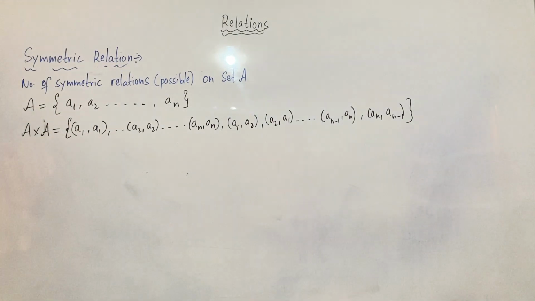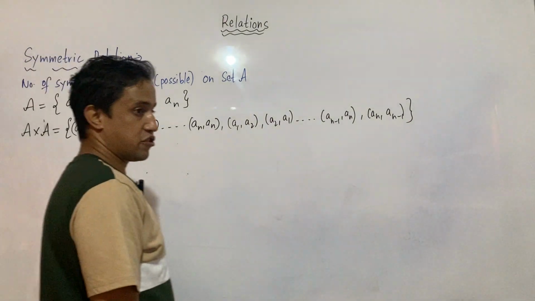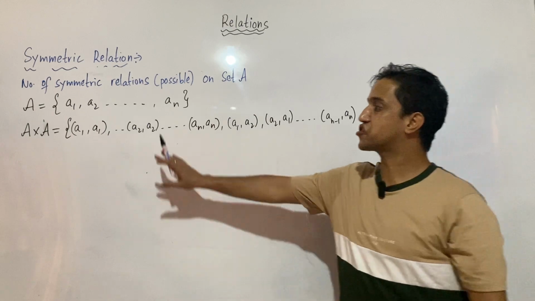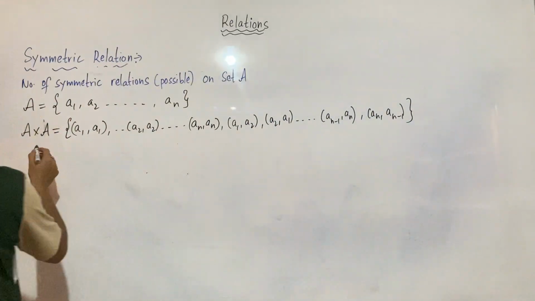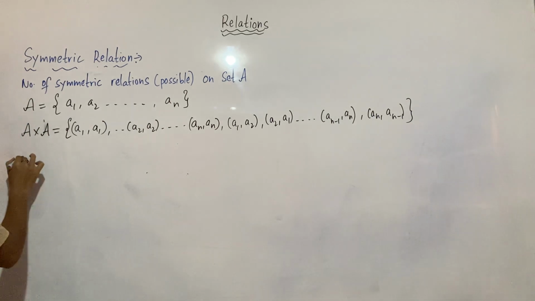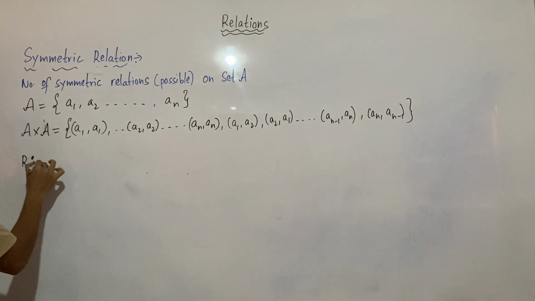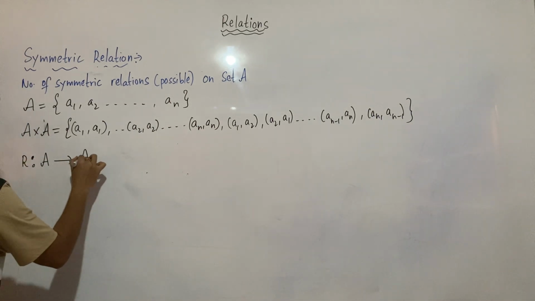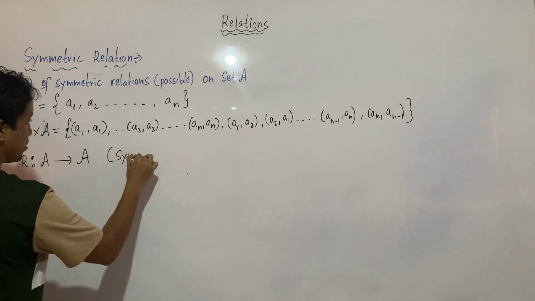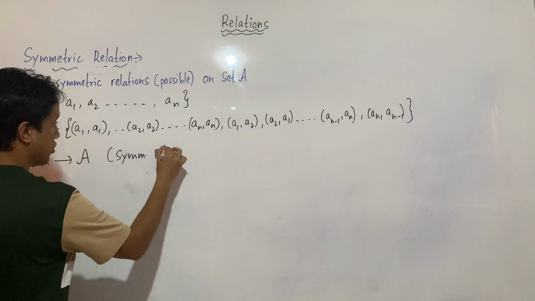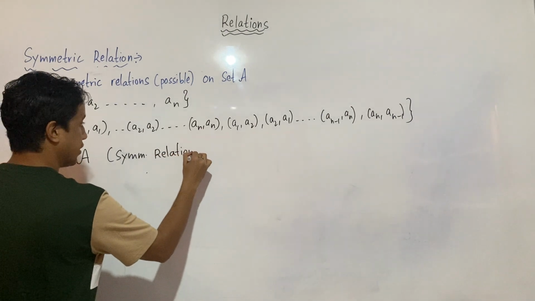Now I have to develop the possible symmetric relations from this Cartesian product. Let's say R is the symmetric relation on set A.